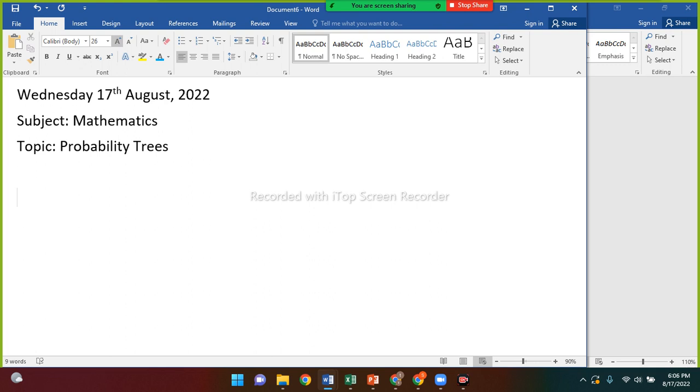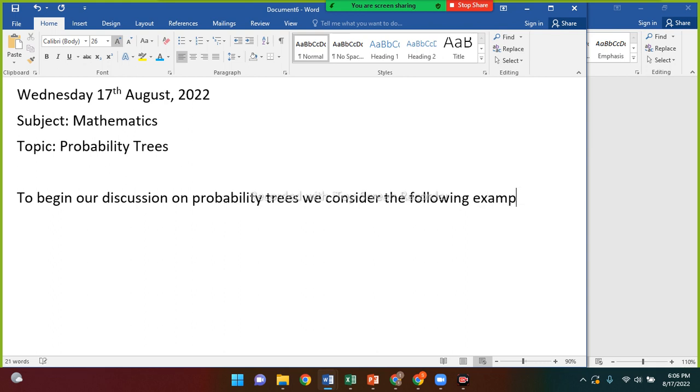So to begin our discussion on probability trees, we consider the following example.